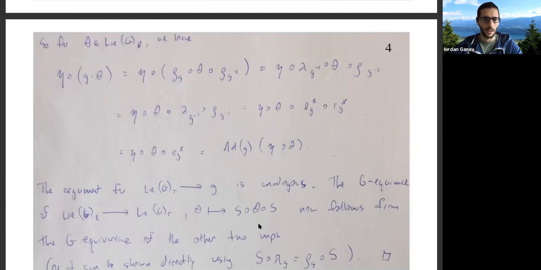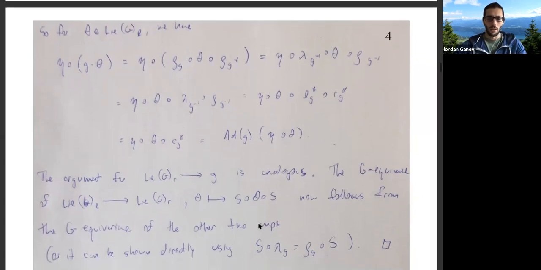It's not too bad, but it actually follows from the G equivariance of the other two maps because we already have this commutative diagram of isomorphisms. All right, so that was the proof showing that these different realizations of the adjoint action are all the same thing. Okay, any questions?